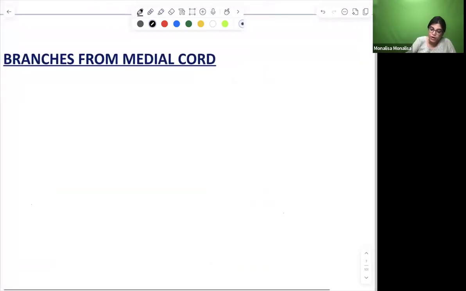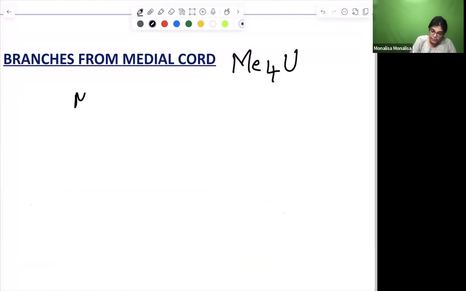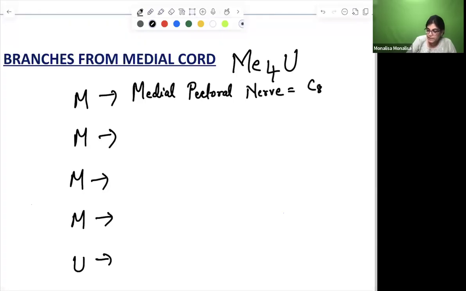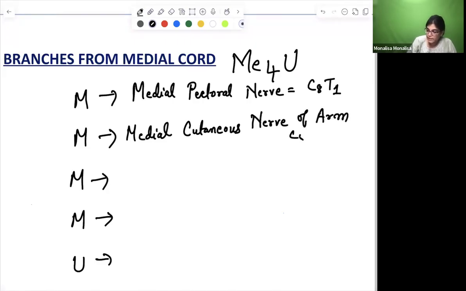What are the branches of the medial cord? The mnemonic is 4M and 1U. Here M stands for medial pectoral nerve; the root value is C8 and T1. Medial cutaneous nerve of arm: root value again C8 and T1.